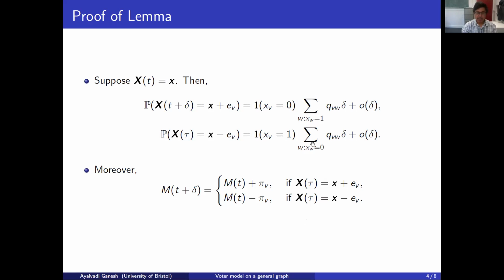And we know the probability that m increases by pi v, it's this, and the probability that it decreases by pi v is given by this. And so we can calculate the change in expectation. It's the change in value multiplied by the probability of that change.